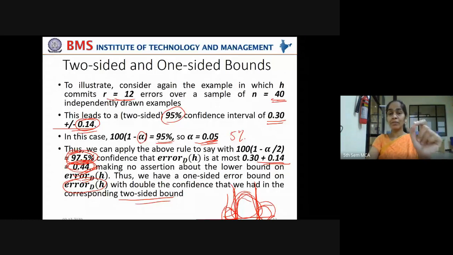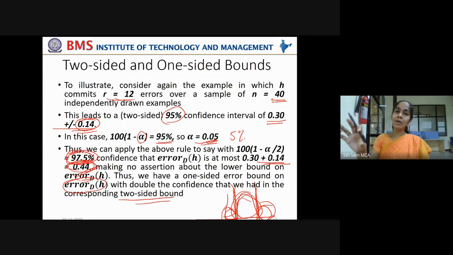My hypothesis performs very well. Even the true error falls within this 97.5% interval only. But 2.5% of the time, I can't promise. It may make some extreme errors 2.5% of the time. Lower errors you're not bothered about.